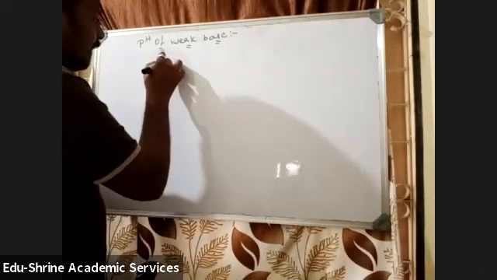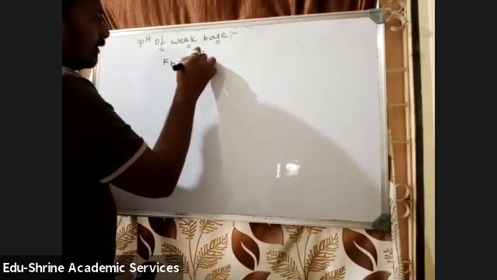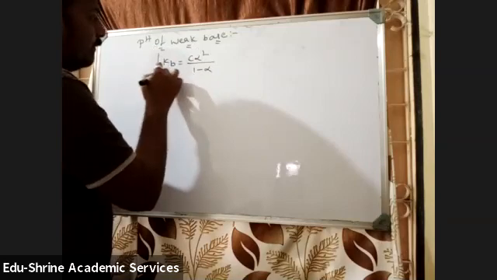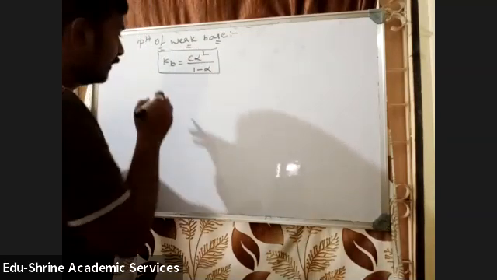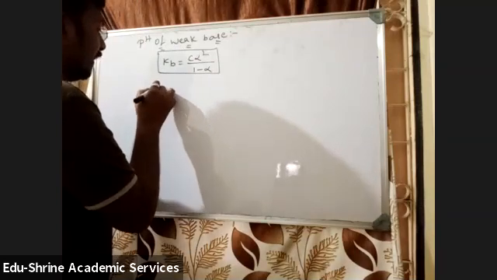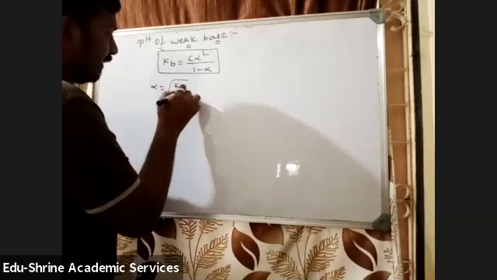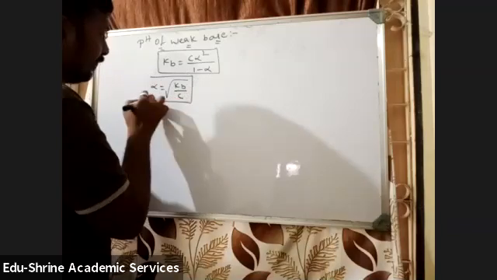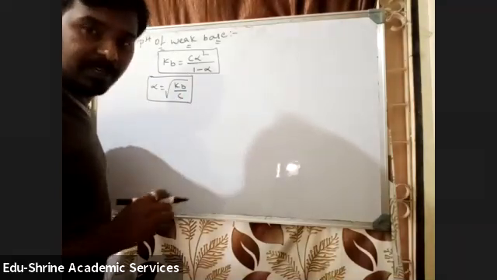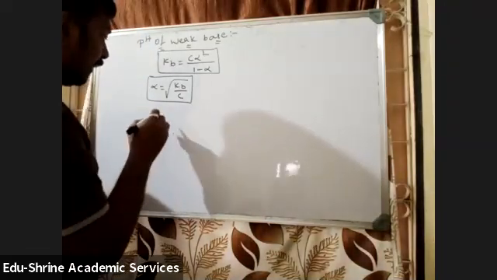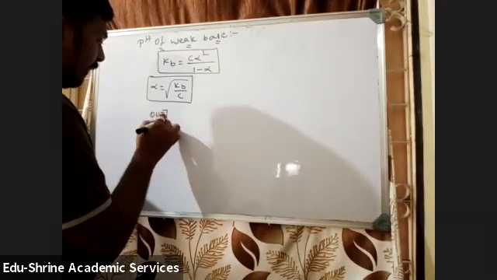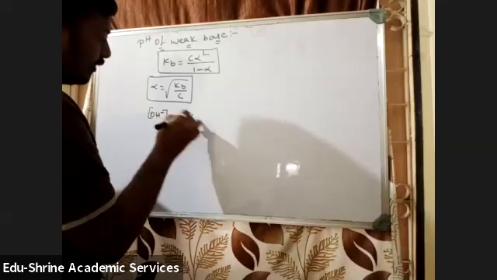So one is Kb is equal to C alpha square by 1 minus alpha. Always keep this formula in mind. Then you'll get alpha is equal to root Kb by C. Instead of Ka, as it is a base, you will get Kb. That is the only difference. And instead of H plus, you will get OH minus. So the concentration of OH minus is equal to C into alpha.